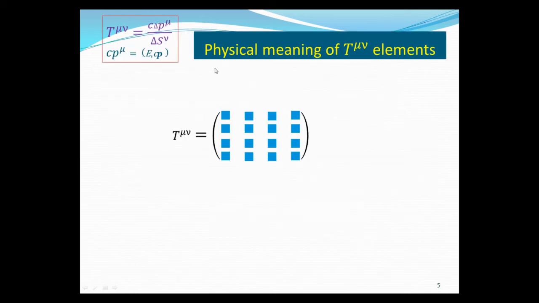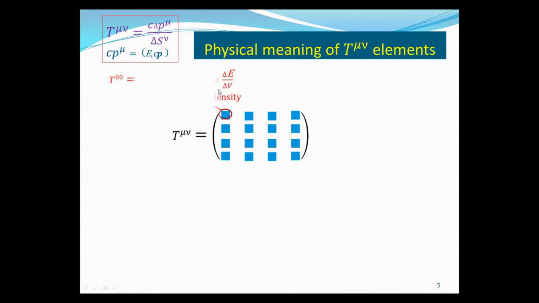So let's look at the physical meaning of the various elements of this rank 2 tensor, which can be written as a matrix. Each element has the interpretation of the amount of energy momentum for the mu index, and for the three-volume with the nu index. Let's say T mu nu is a 4 by 4 matrix. I would like to know the meaning of these elements.